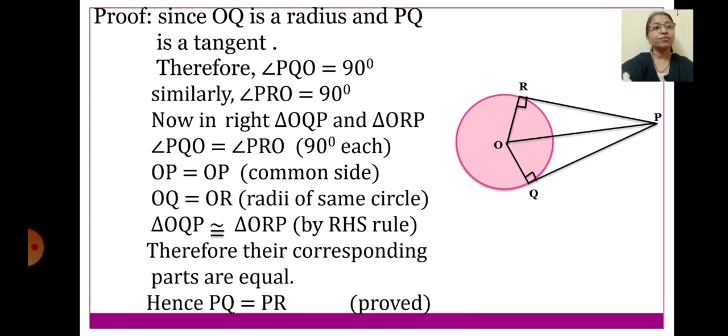So in this way we have proved that the tangents drawn from an exterior point to the circle are equal in length. I hope you have understood this theorem. This is very important. This can be asked for 3 marks in the boards.